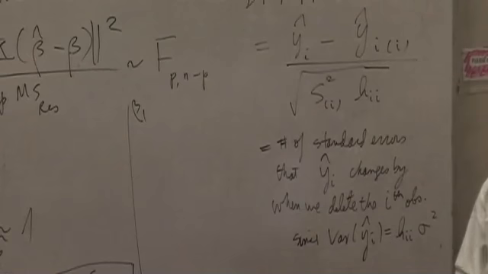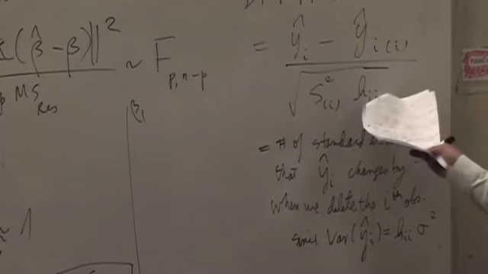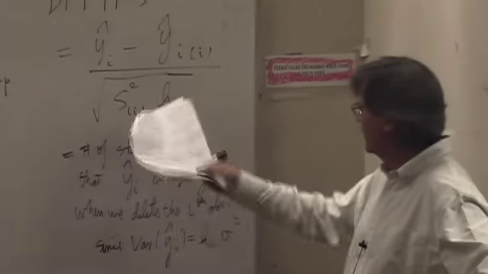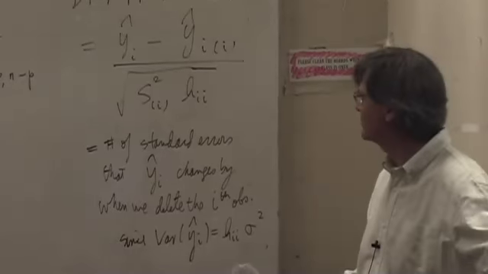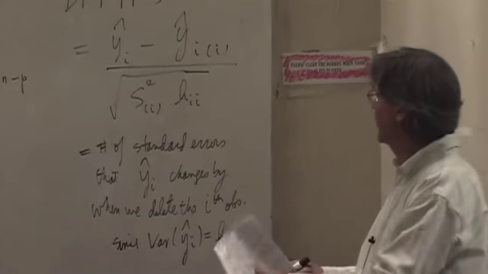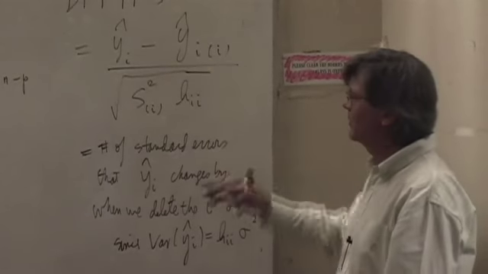Okay, so that's what it is. So that's why I'm dividing by the square root of h_ii times sigma, roughly, the standard deviation or standard error. So it's a number of standard errors. So I'm putting this extra i in here.